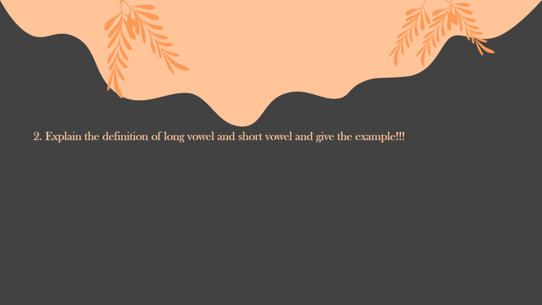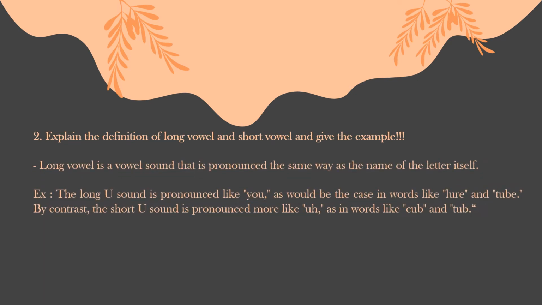Next, explain the definitions of long vowel and short vowel and give the example. Long vowel is a vowel sound that is pronounced the same way as the name of the letter itself. For example, the long U sound is pronounced like Q, as will be the case in words like lure and tube.